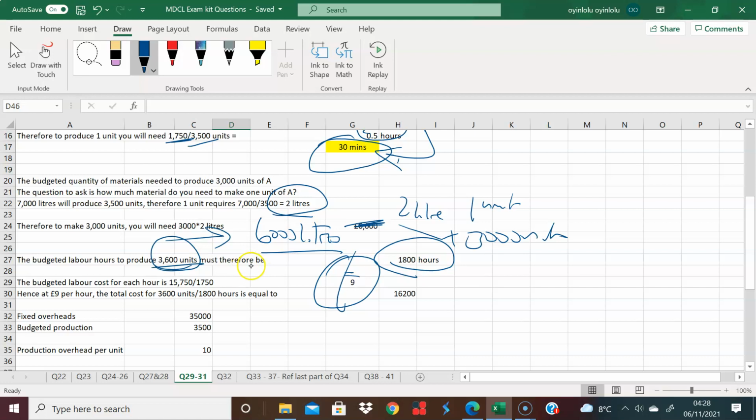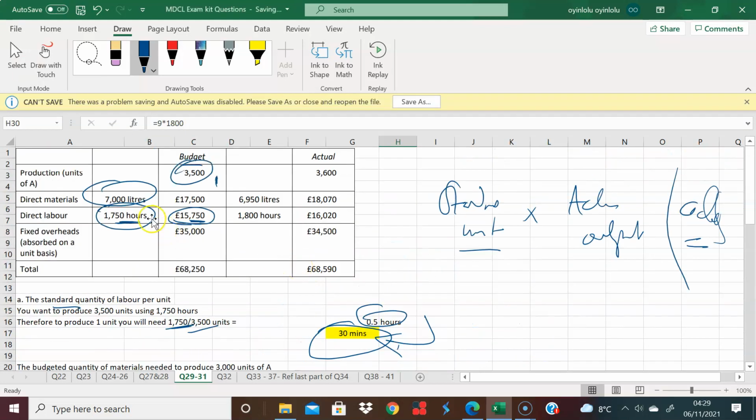At £9 an hour, 1,800 hours gives a total cost of 16,200. So, just being methodical and finding the standards first.